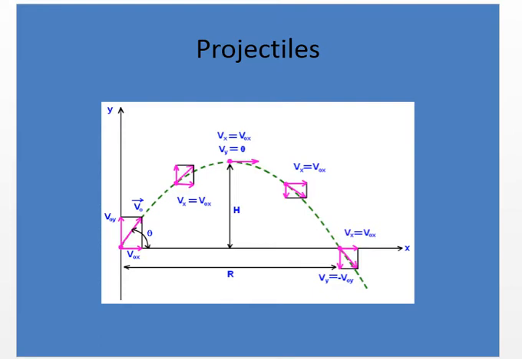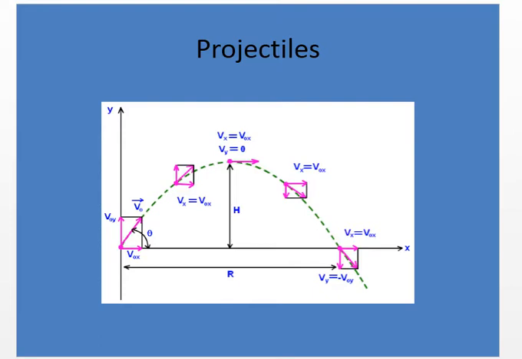The only thing that can change them is a force that's acting on them. Since we're ignoring air resistance, there is no force acting in the x direction. So the x component will always stay the same no matter where you are, whether you're at the beginning of the path, the top of the path, or just before it lands.